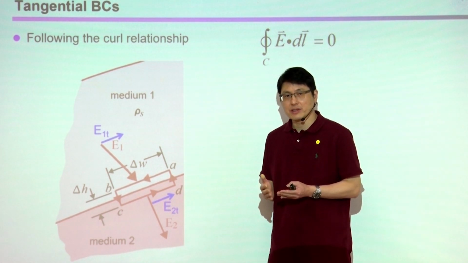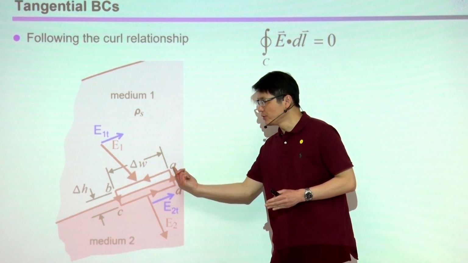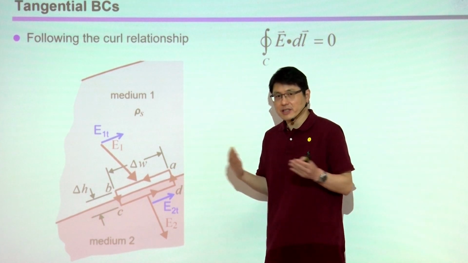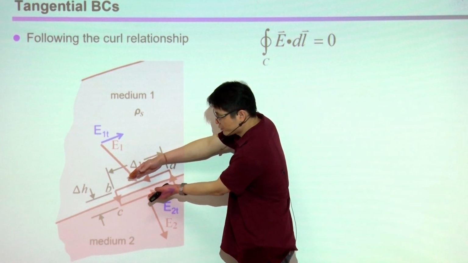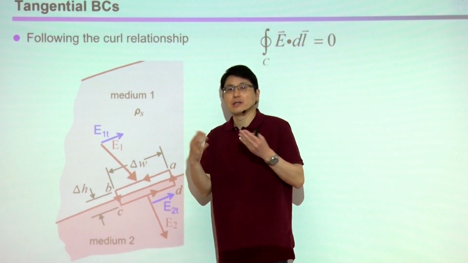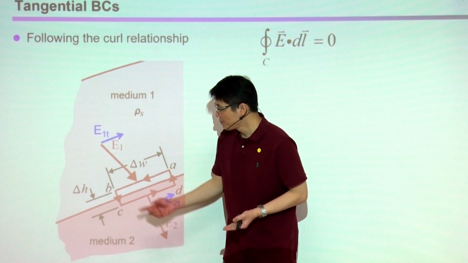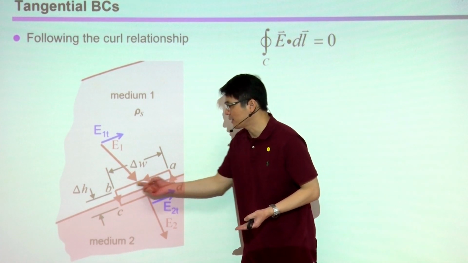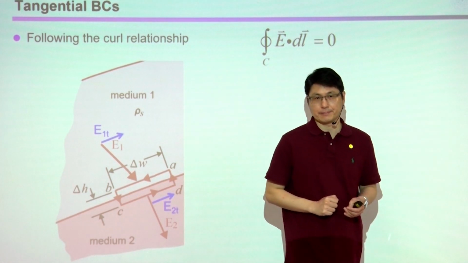So the best way is I don't want to include the normal components, and that is fine because I am free to make this height extremely small, approaching 0, but still retaining a closed loop.